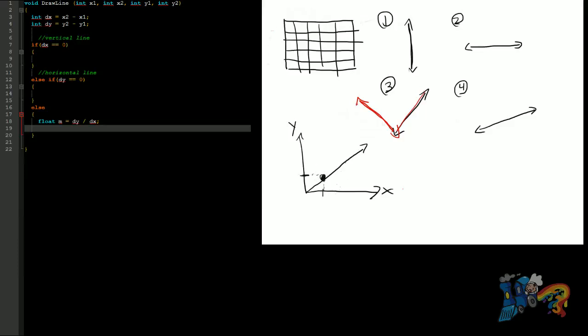If we move by equal amounts on the x and the y axis going up, then we have a slope of 1, which means anything less than this, anything in this range, would be shallow, and anything in this range would be steep.